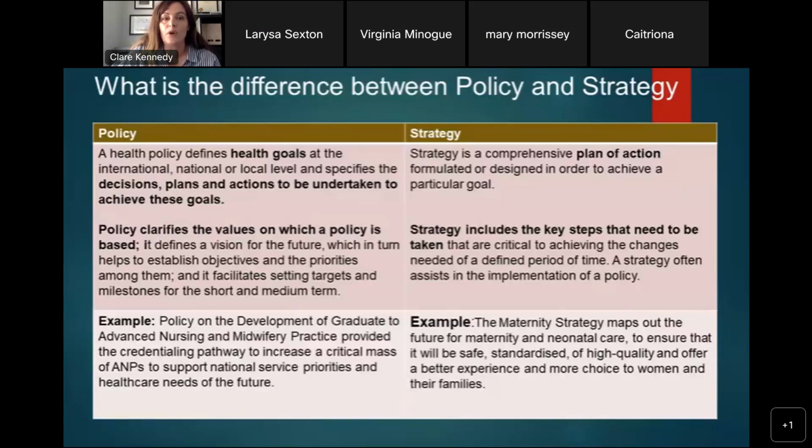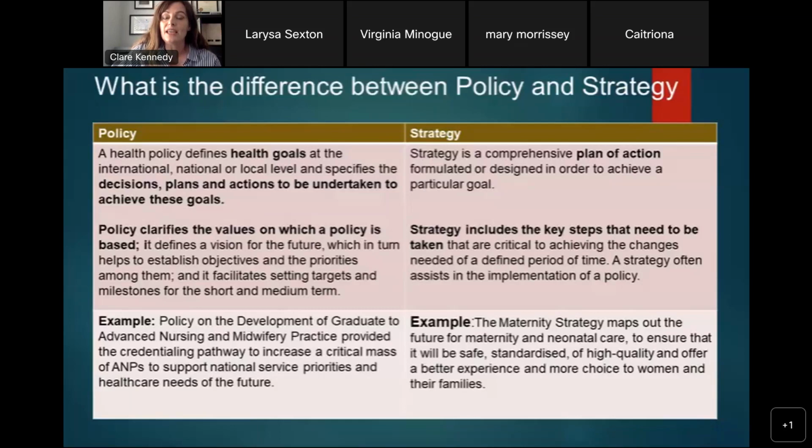What objectives and priorities do we need to establish? Setting targets and milestones. An example of a policy was the development of the graduate advanced nursing midwifery practice. And this was looking at how we could create a critical mass of advanced practitioners and the credential and pathway that was required. So it looked at the model of education, the model of supervision, targeting those healthcare priorities.